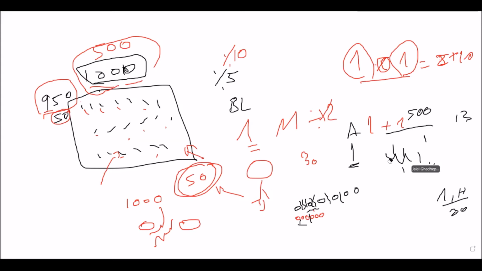With 1,000 you can go at speed 1, but with 500 you can go at speed 5. So it's order of magnitude.